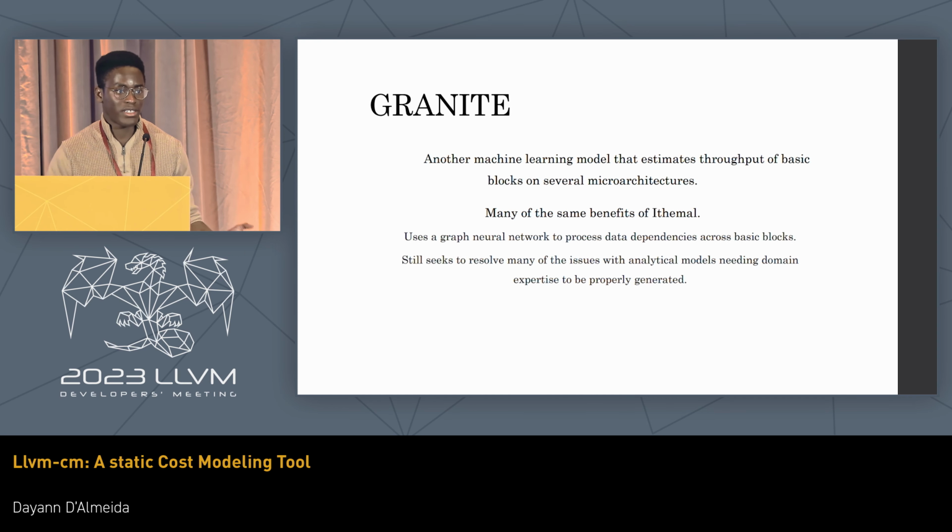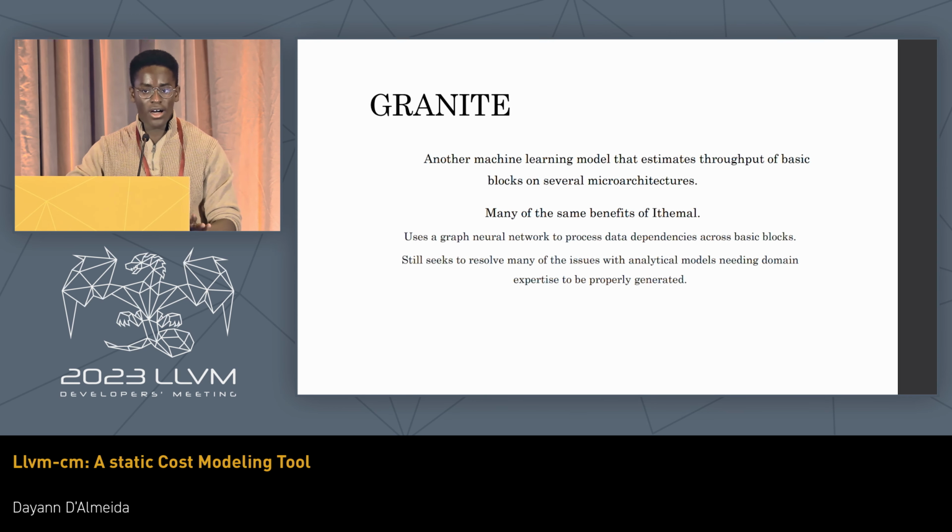The unique thing about it is that it uses a graph neural network to map some dependencies between basic blocks. It helps with the aspect that you need a lot of domain expertise and time, for example what uops does, to have a very representative amount of data.